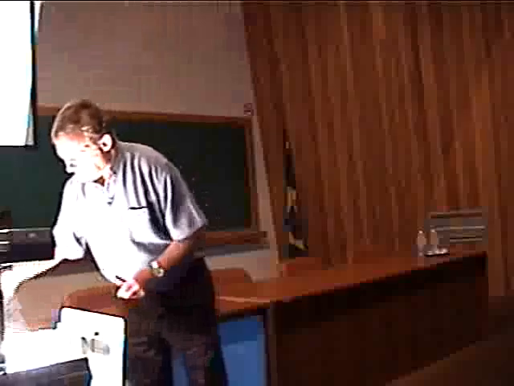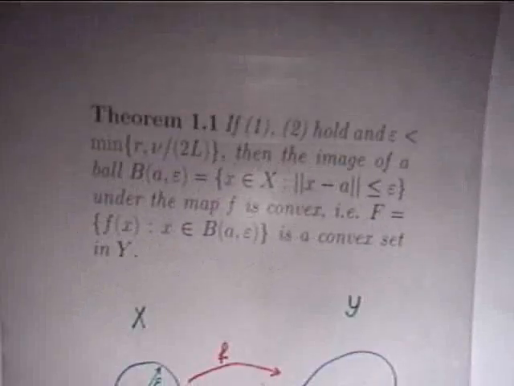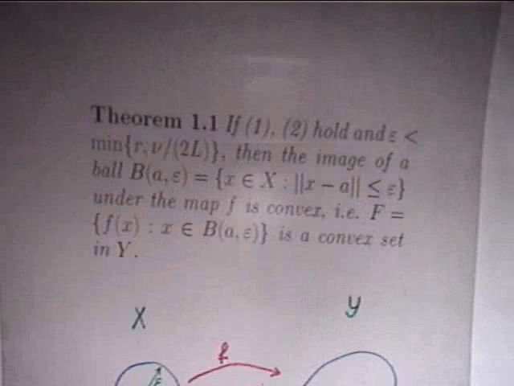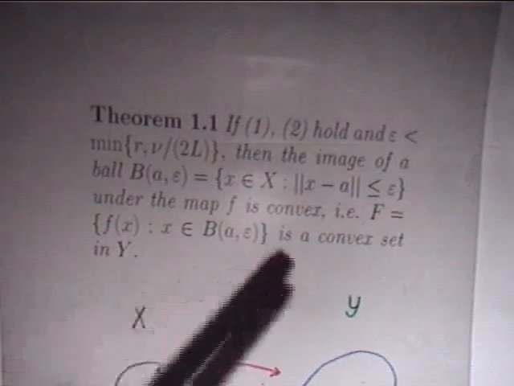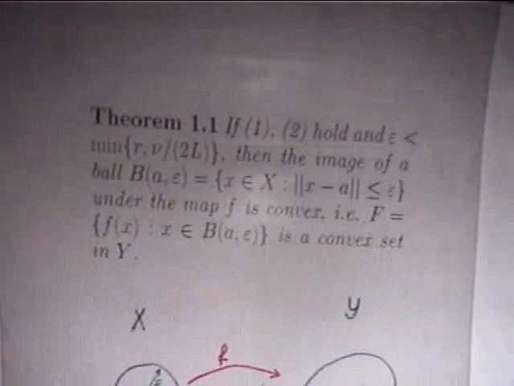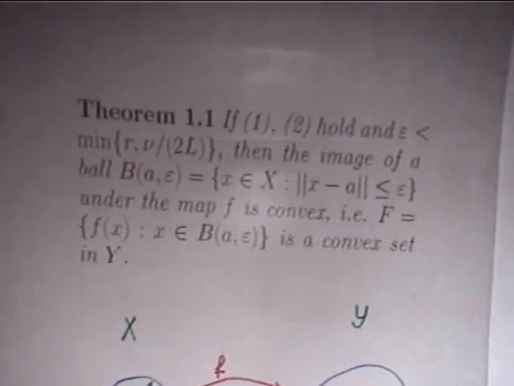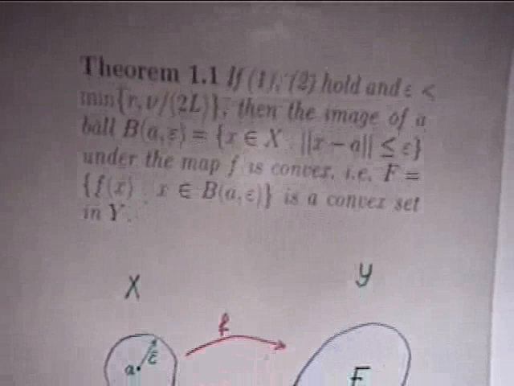And under these assumptions, the following simple result holds. If we take some ball centered at this point A, and if the radius of this ball, epsilon, is small enough, then the image of this ball under the map F is convex.